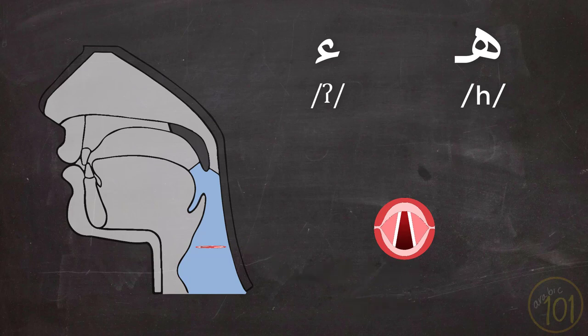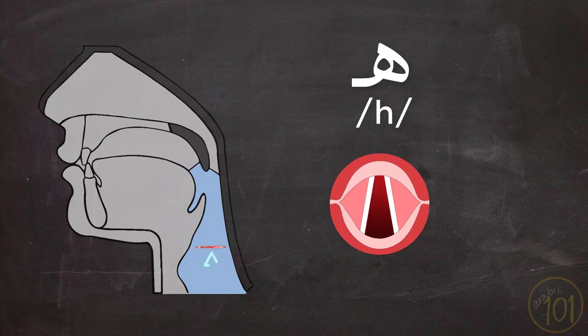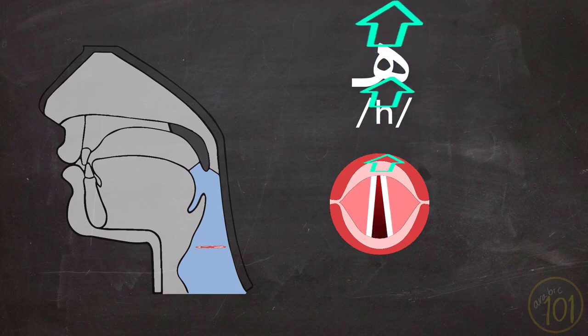Let's start with ha. Ha is simply letting air pass through your vocal cords. The opening of your vocal cords has to be slightly closed so that this friction can take place and the sound can be produced. That little friction sound caused by air passing through is that ha sound.